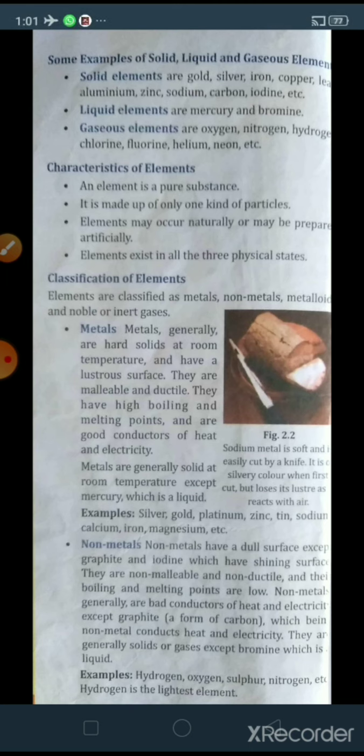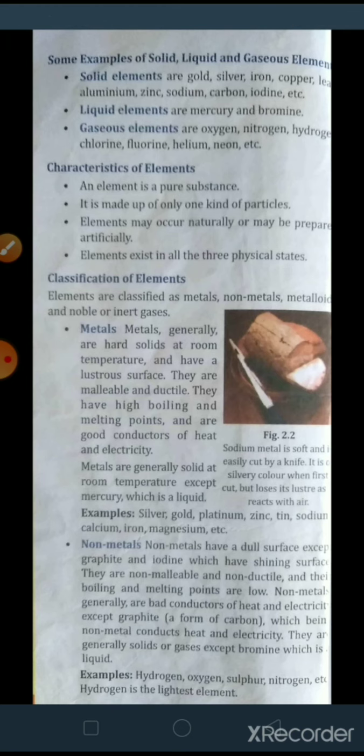That is the boiling point. And metal has a high boiling point as well as a high melting point. Melting point means if the metal is in solid form, by supplying heat we can convert the solid metal into liquid form. That is the melting point.